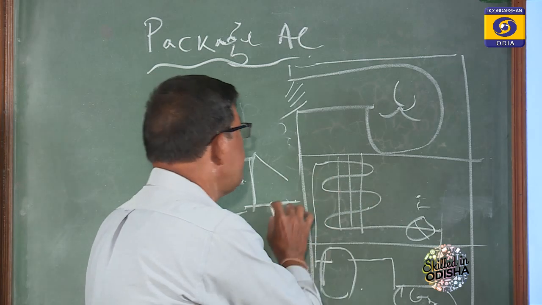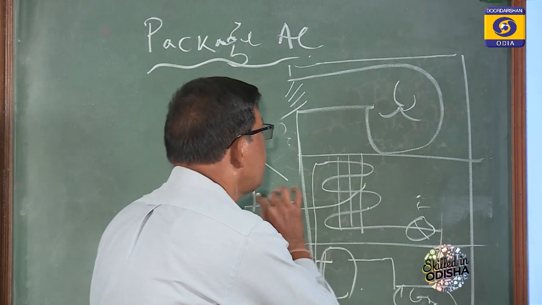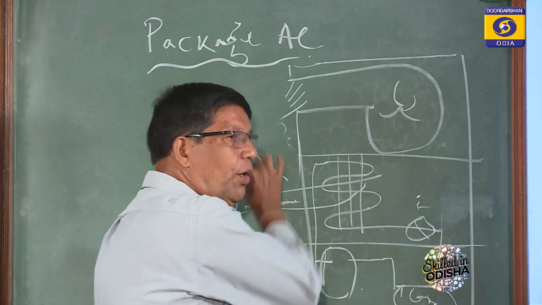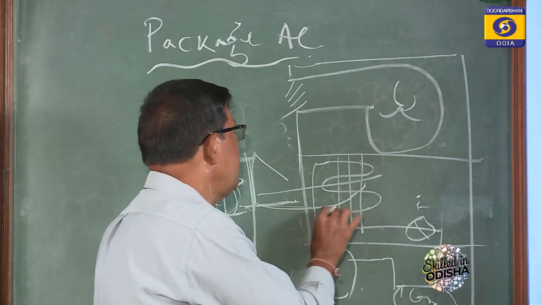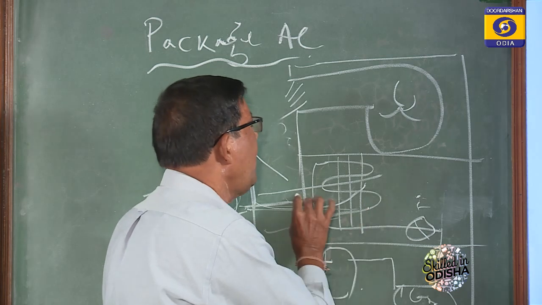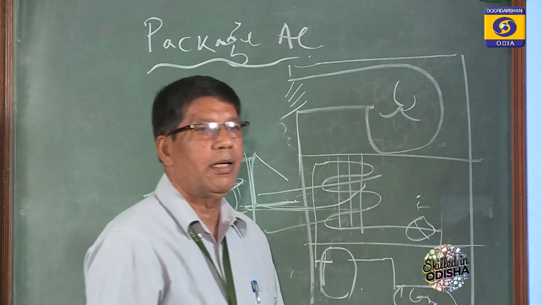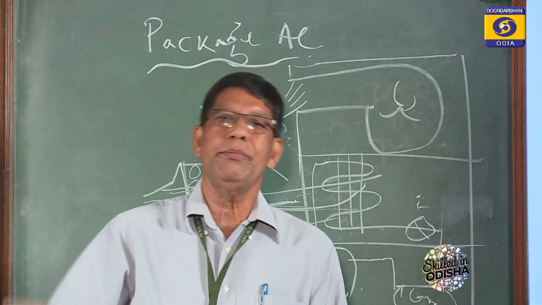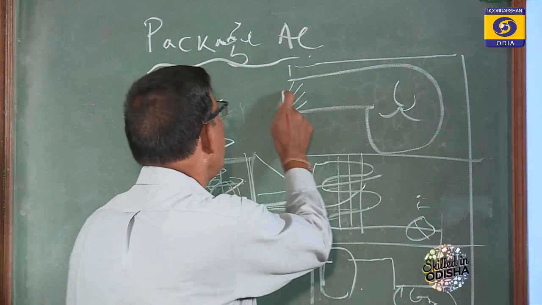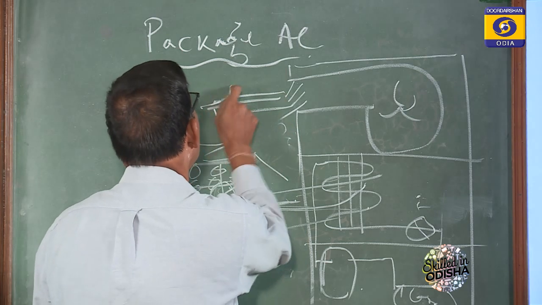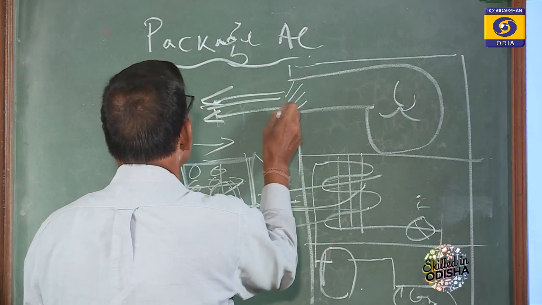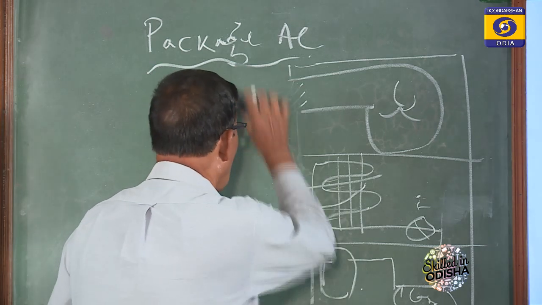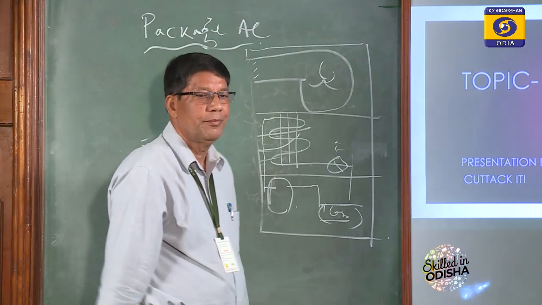In this way, suppose it is a bank or an office, it receives the hot air, and through the evaporator it rejects the heat and becomes cool. Then it is supplied to the air conditioning areas where it is used.